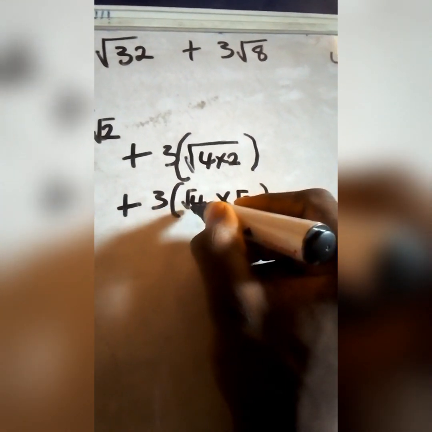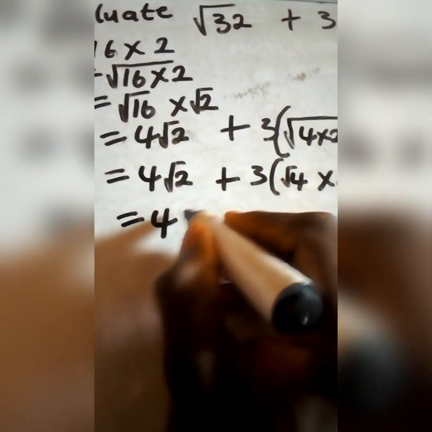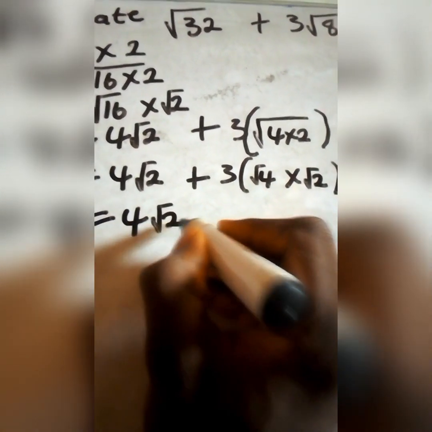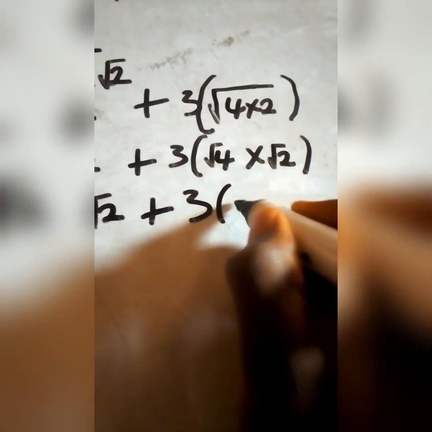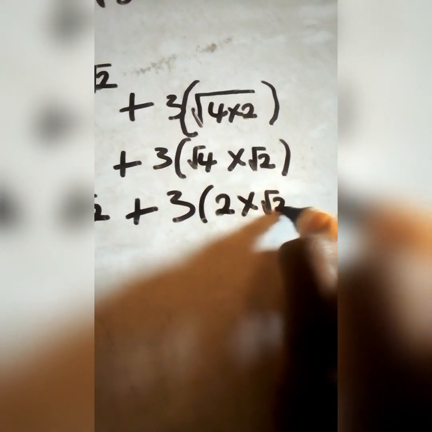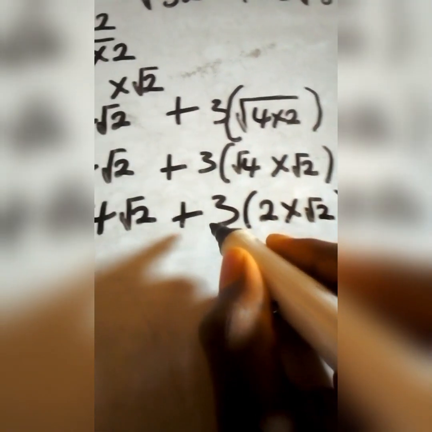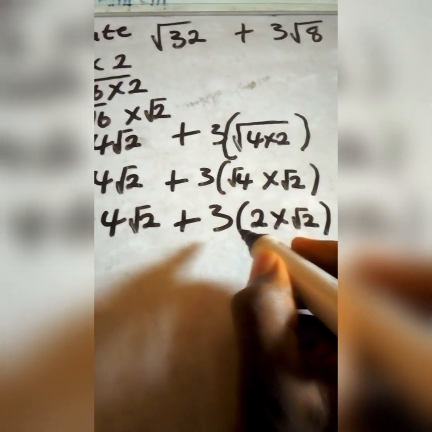So it is equal to 4 root 2 plus 3 open bracket root 4 multiplied by root 2 close your bracket. Root 4 is what? 2. So you have it this way as 4 root 2 plus 3 open bracket 2 times root 2 close your bracket. Now what is going to happen is this. We are going to multiply it.